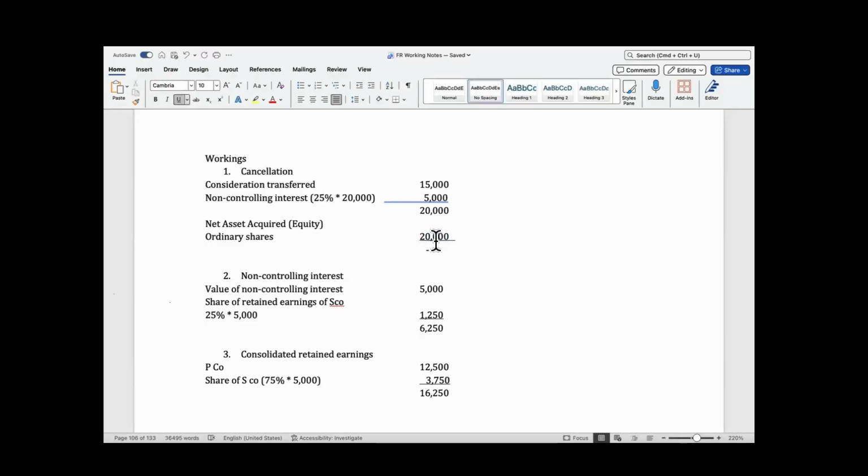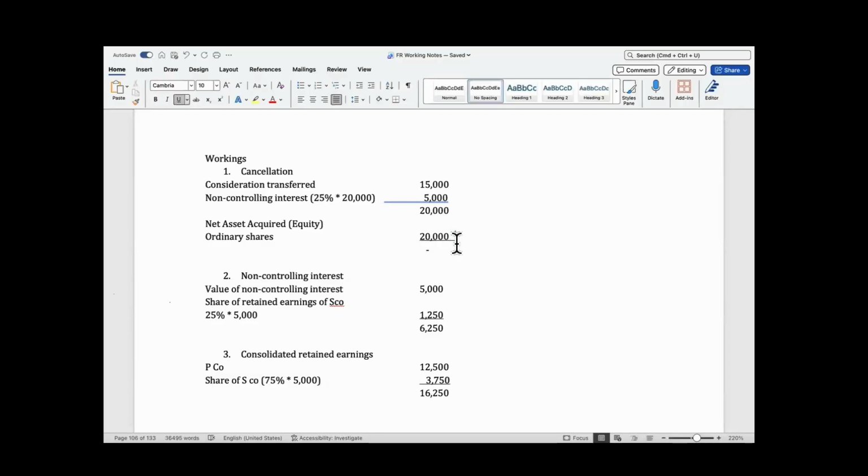I still see some people teach it that way. I see some textbooks do it that way, but that's not how IFRS 10 says you should do the cancellation. IFRS 10 says: money you paid plus value of NCI plus previously held equity instruments minus net asset acquired in the subsidiary.